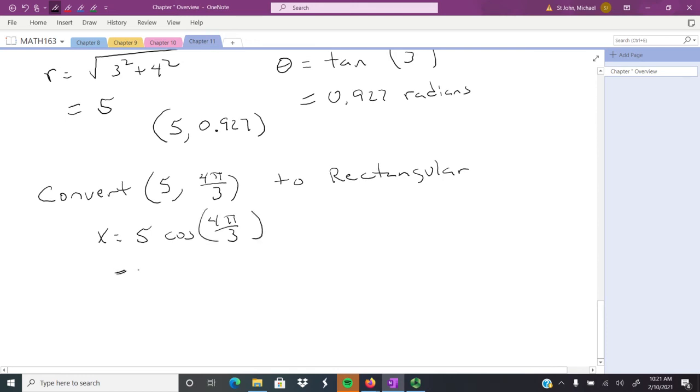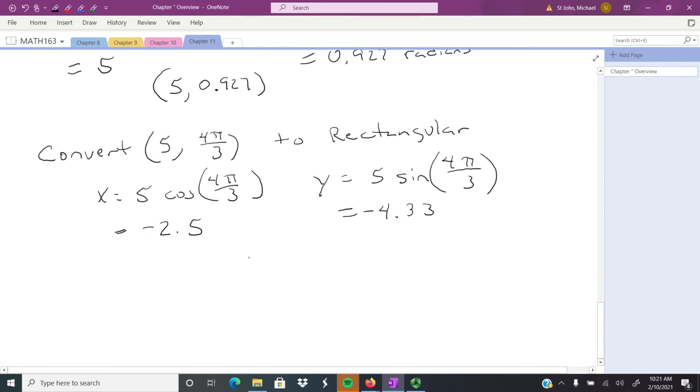And this will give us minus 2.5. And y would be 5 sine 4 pi over 3. And this will give us minus 4.33. So my point will be minus 2.5, minus 4.33.